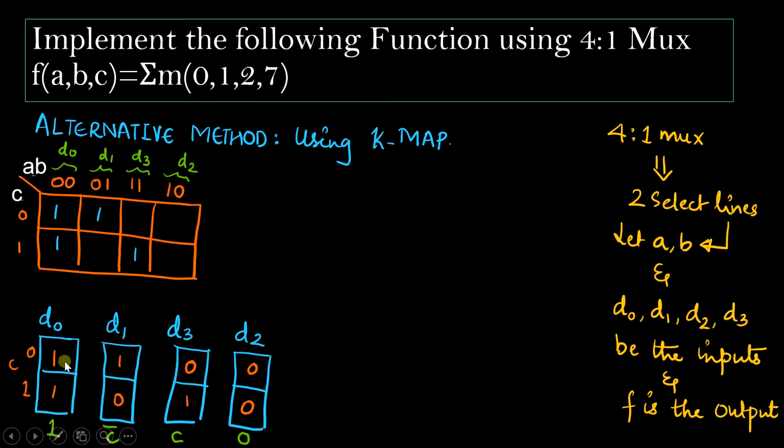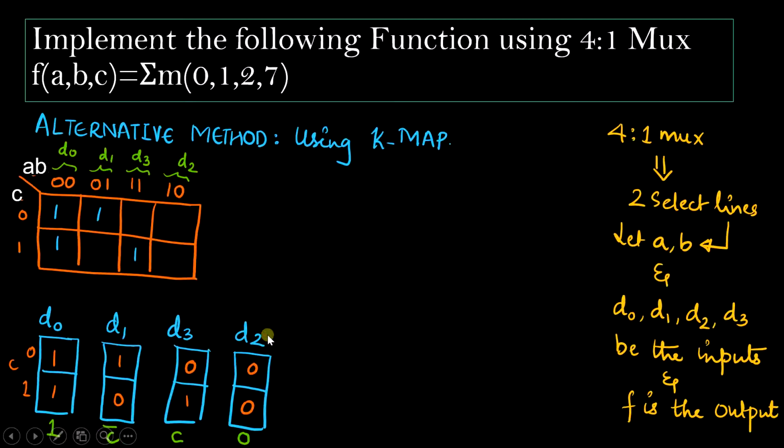That means D0 will be equal to 1, D1 will be equal to, if you look here, C is 0, 1 and this is 1, 0. So that is why it is mentioned as C bar. In the D3 case, it is equal to C, that is why C is mentioned.